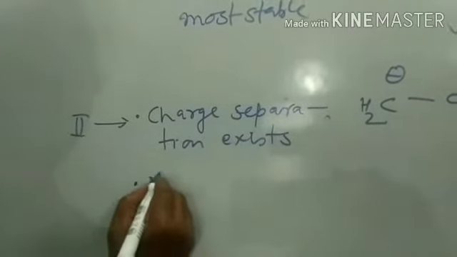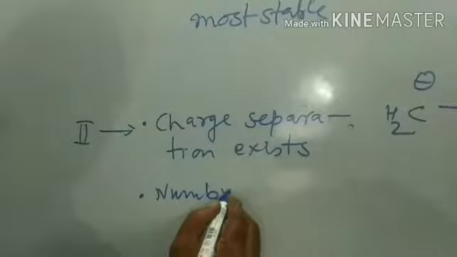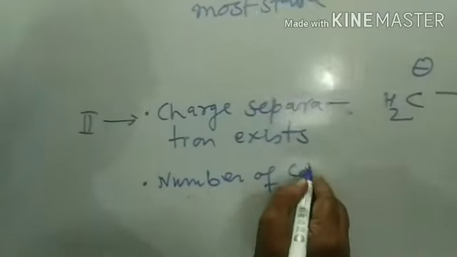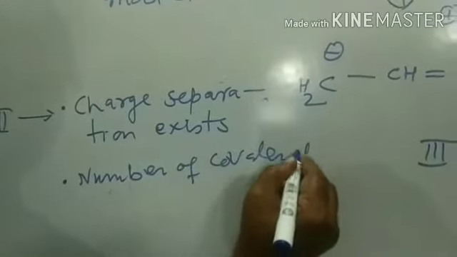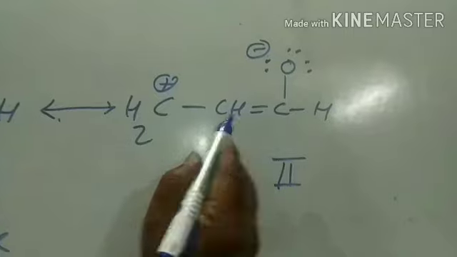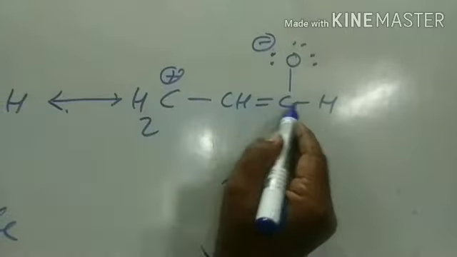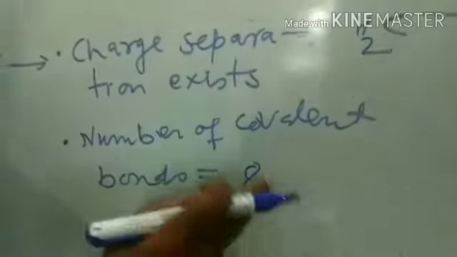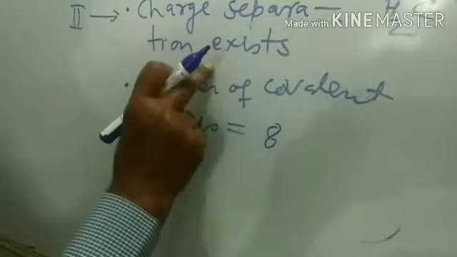Number of covalent bonds is equal to 2, 3, 4, 6, 7 and 8. 8 only. So the number of covalent bonds is less. Charge separation exists. So second is less stable than first.